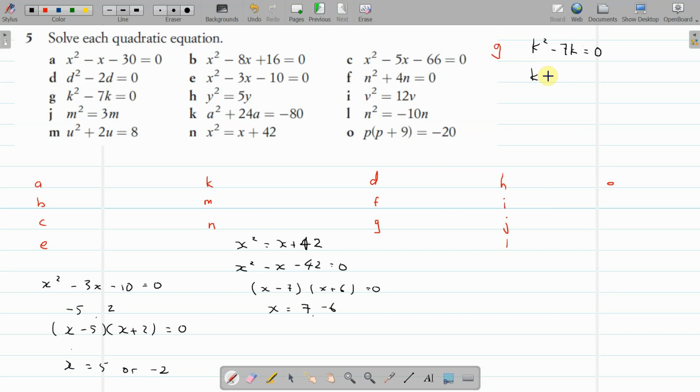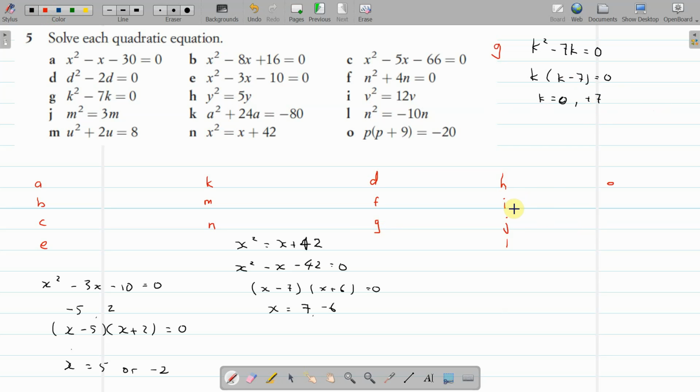Take the k out. K times k is k squared, minus 7 times k. K's got to equal 0, and it's also got to equal plus 7. Okay, so D, F and G are all done the same way.